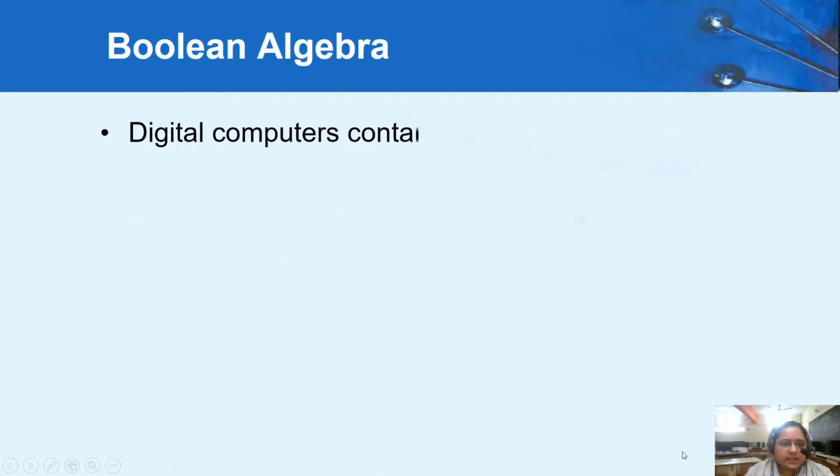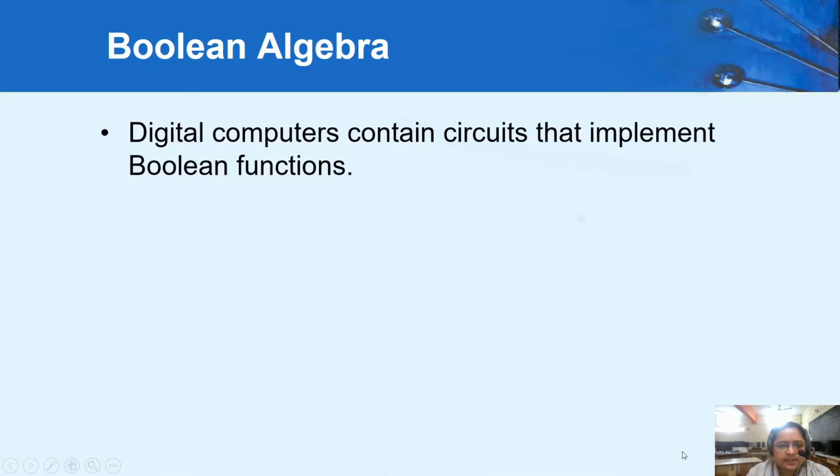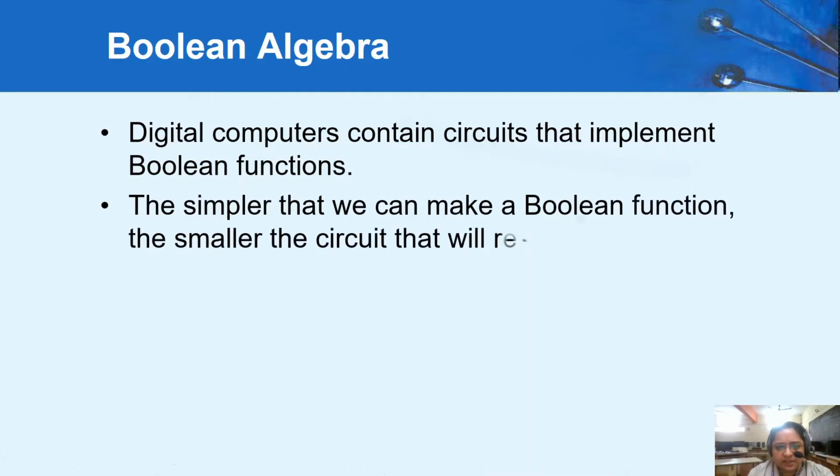Next is, digital computers contain circuits that implement Boolean functions. The simpler that we make a Boolean function, the smaller the circuit that will result.